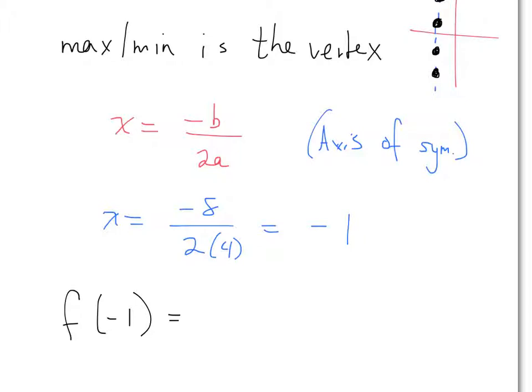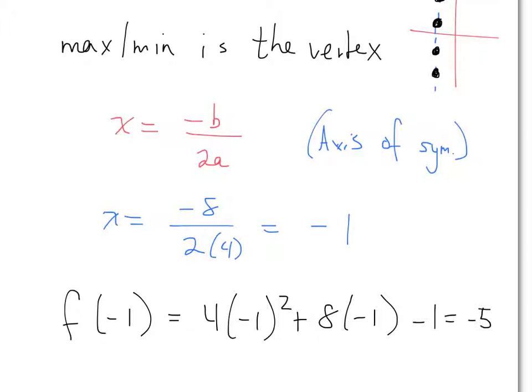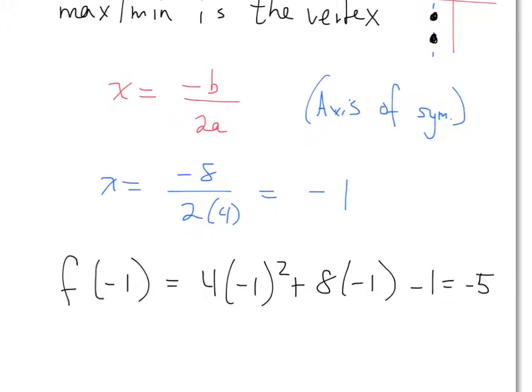So when I plug this in, I get negative 5. Agreed? We're going to have 4 times negative 1 squared plus 8 times negative 1 minus 1, and it's going to give us negative 5. Therefore, my coordinate is negative 1, negative 5.